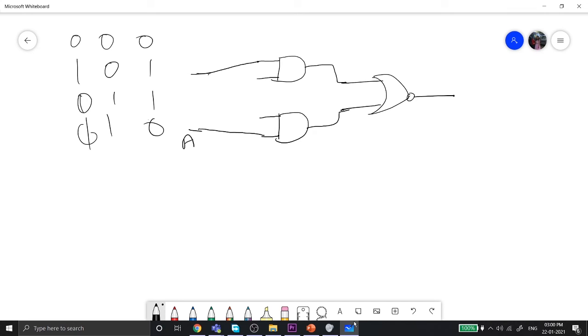So this is A, this is B, and let me see. If I invert one of the inputs and connect them to each other, what will happen? If I invert A and connect it to B, then it won't work, I guess.